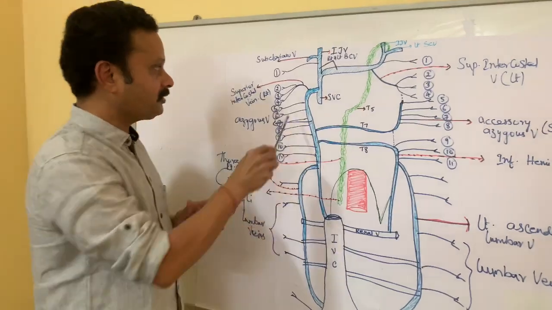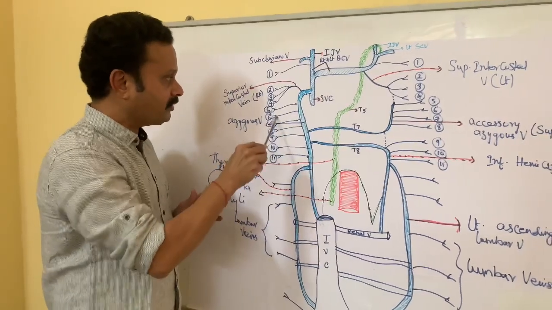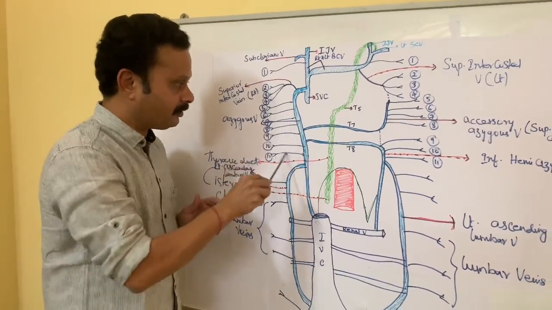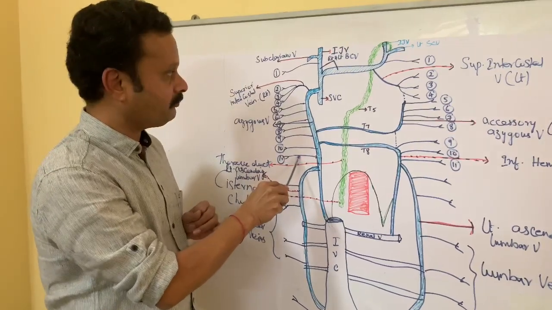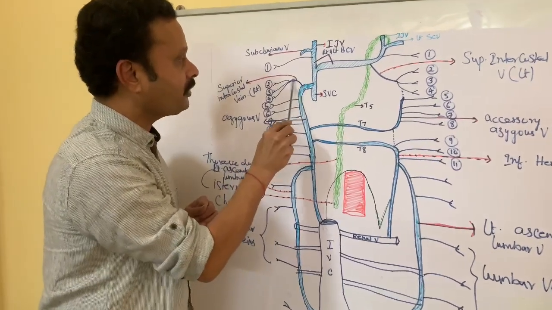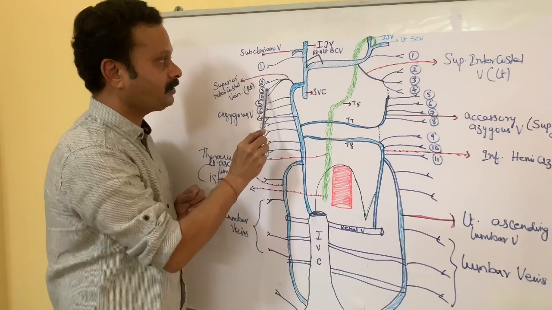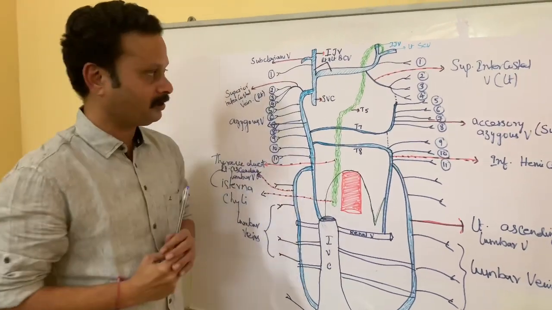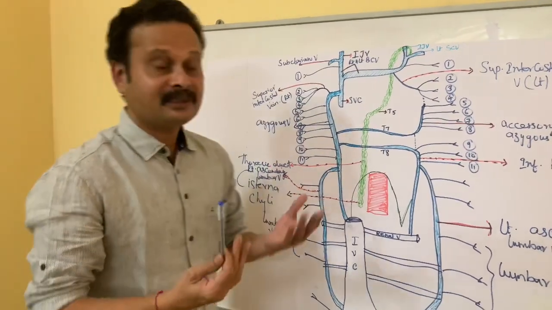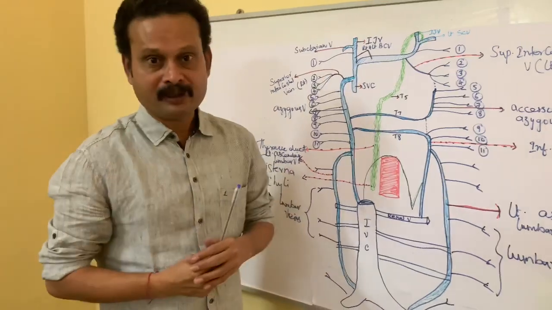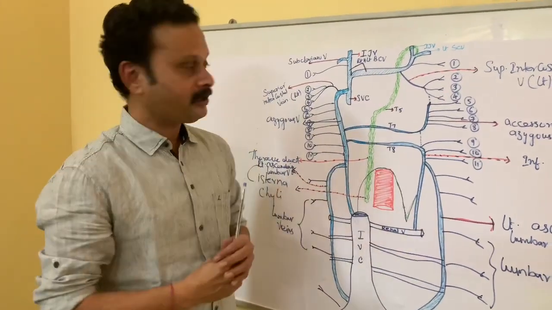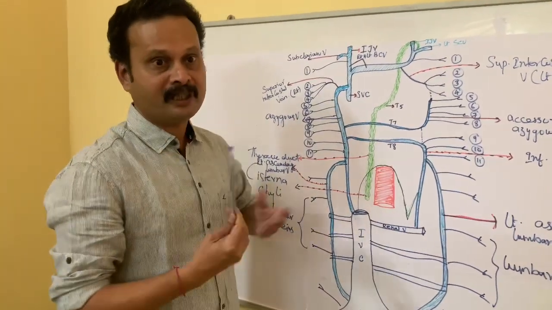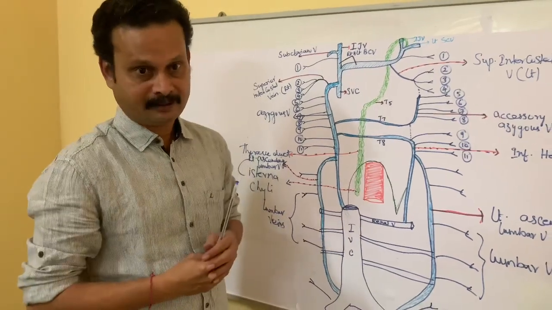The third tributaries are the 5th to 11th right-sided posterior intercostal veins and the right superior intercostal vein, which is formed by the 2nd, 3rd and 4th right-sided posterior intercostal veins. The last tributary is the right bronchial vein, and the other tributaries include esophageal veins, mediastinal veins, pericardial veins, etc.